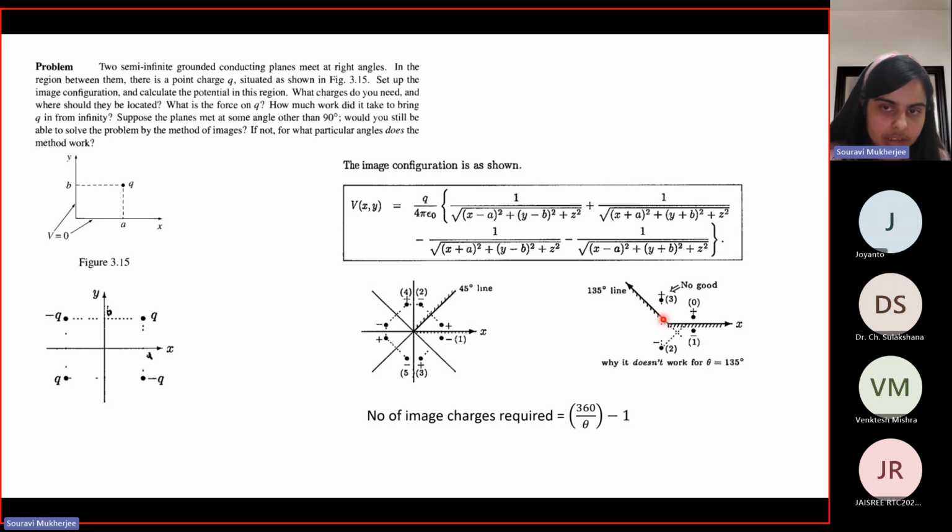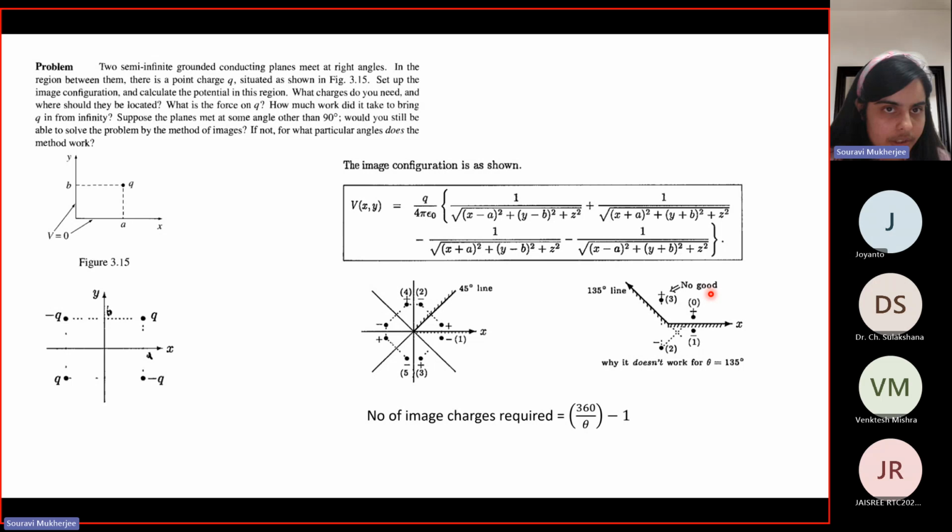Now, because you also want the potential to be 0 along this line, you put another minus q charge here. But now to balance this, you have to put the next image charge at this point. The problem is that this is within your region of interest, where you want to find your potential.